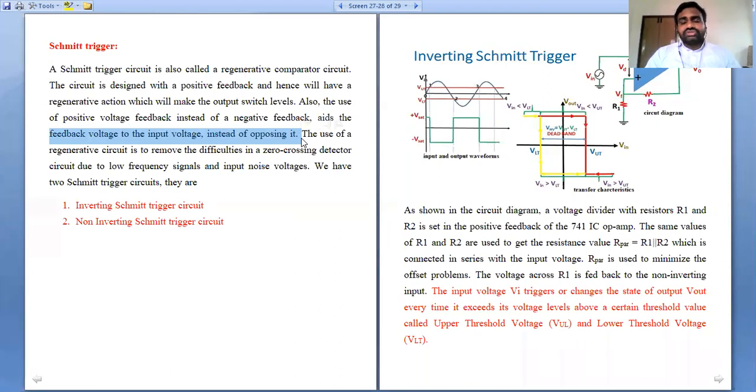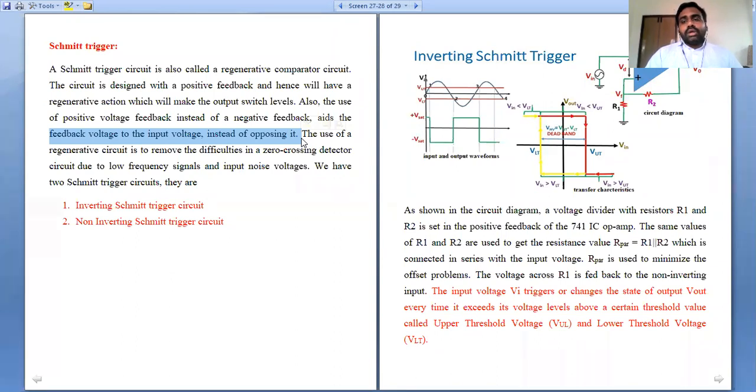Negative feedback opposes the input voltage, reduces the overall gain of the operational amplifier, and increases the stability of the system. But here the main objective of the comparator is to provide maximum gain. The saturation output voltage has to be observed in order to create a proper high saturation output voltage.